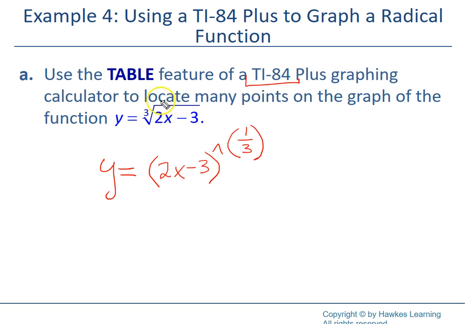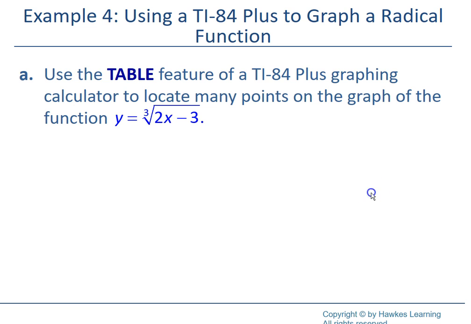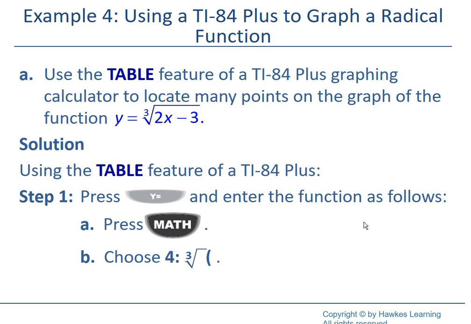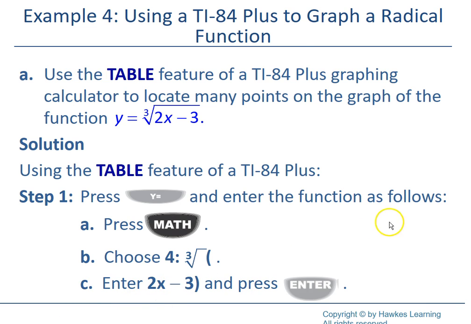So the key is to convert it from its radical form to its fractional exponential form here. All right. I think that's what they're going to show us here. Yes, they have to enter that.